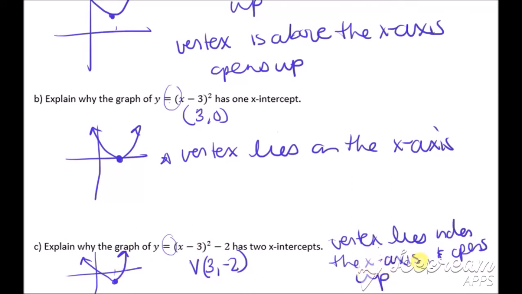So it goes through the x-axis. Okay, so we just want to talk about where the vertex is and then what way it opens.